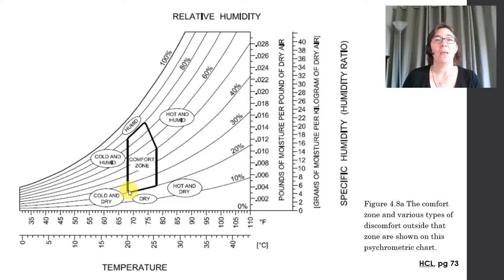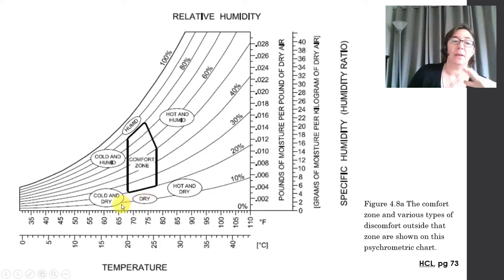All right. Now, as you move out of these comfort zones, it becomes uncomfortable in different ways. So let's take a look. Below the 20% humidity, all right, it's a little too dry. It's easy to understand, all right?